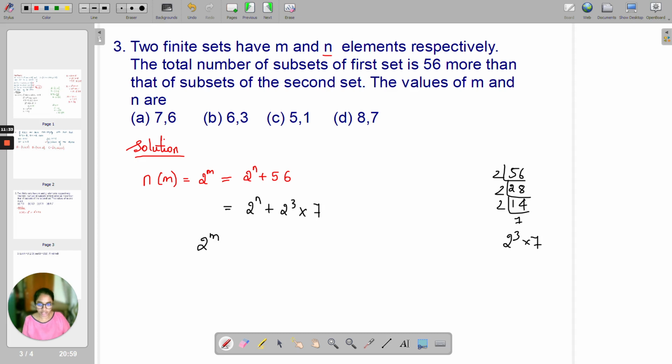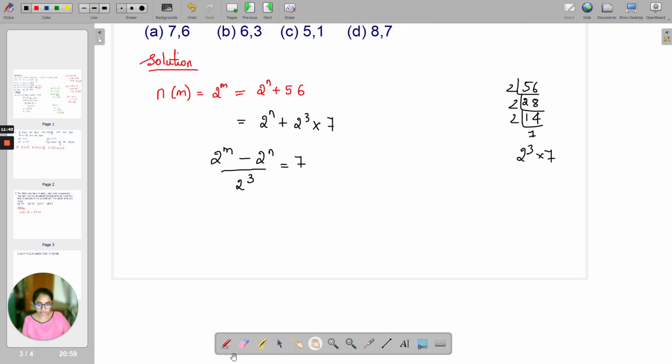So 2 power m minus 2 power n divided by 2 power 3 is equal to 7. Okay. So after this, let me divide 2 power n by 2 cube, or I can write minus 3. Okay. 2 power n minus 3 is equal to 7.